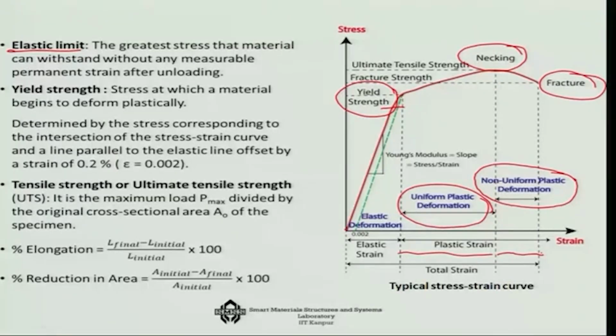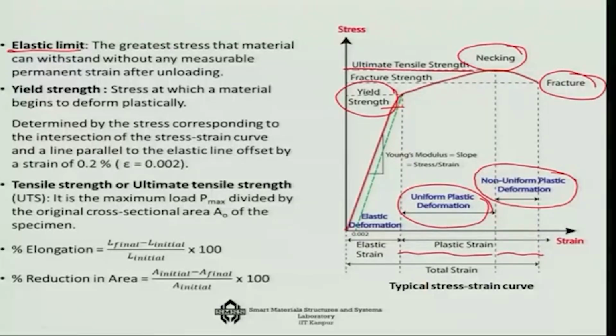The point that is important for us is that up to the necking, we get the ultimate tensile strength. That is the maximum load divided by the original cross sectional area, which gives us the ultimate tensile strength. Beyond that, you would not expect strength from the material, because beyond that it is going to take us towards fracture.